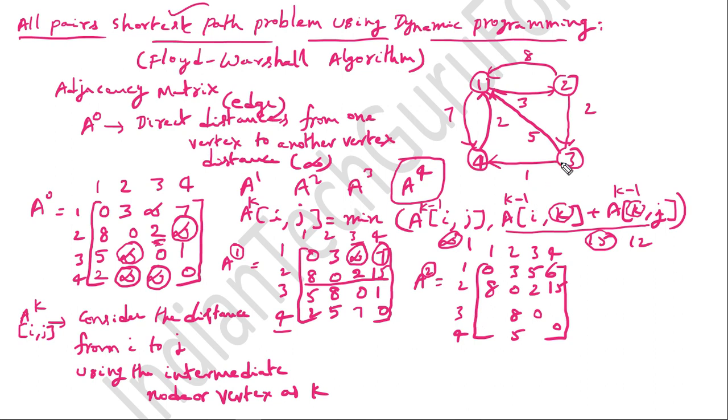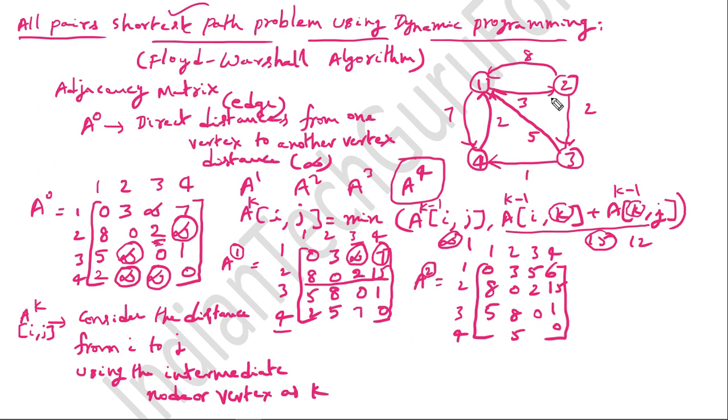Next 3 to 1. 3 to 1, intermediate node as 2. There is no direct edge, so keep 5 as it is. 3 to 4, intermediate node as 2. There is no link from 3 to 2, so it will be the same as the previous value, 1. Next 4 to 1, intermediate node as 2.